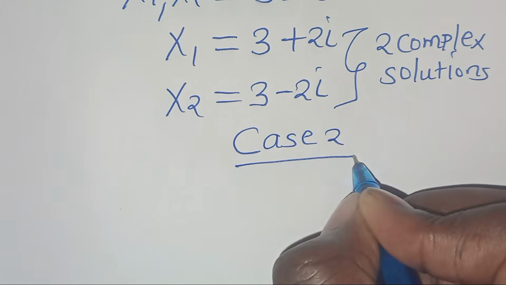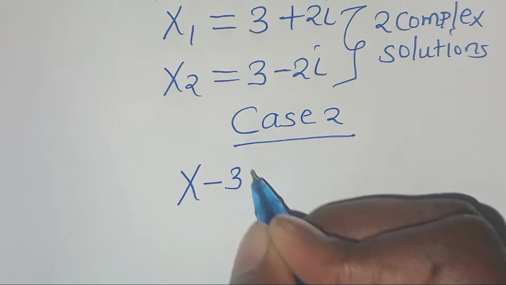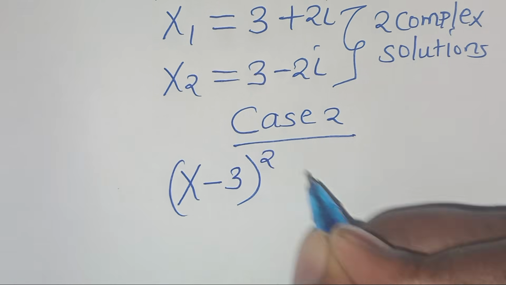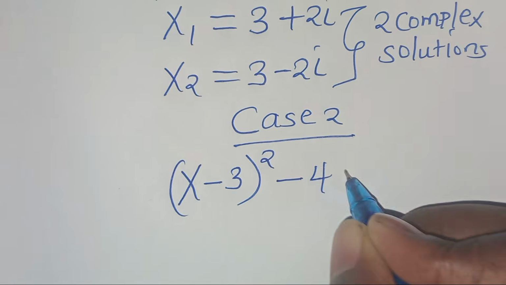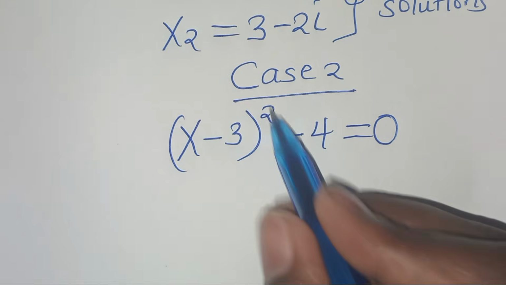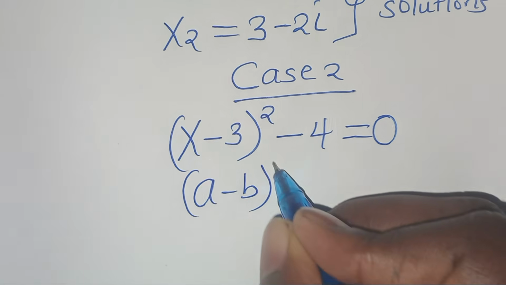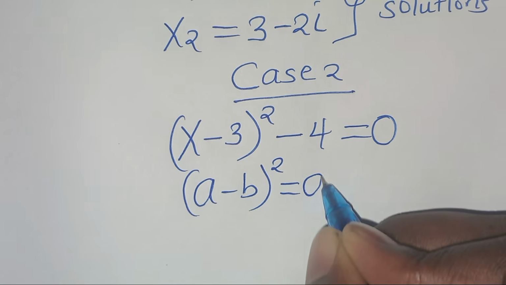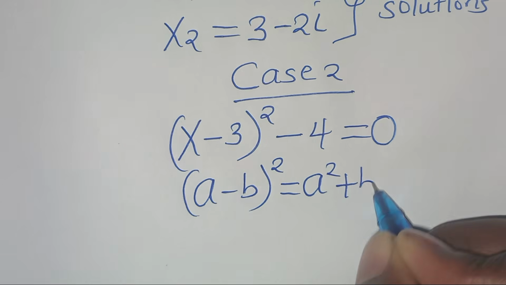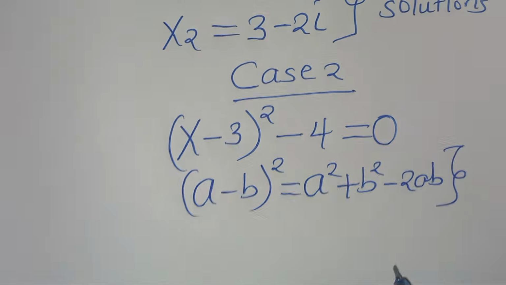In case 2, we have (x subtract 3) raised to the power of 2, then subtract 4, equal to 0. (x minus 3) to the power of 2 is in the form of (a minus b) raised to the power of 2, which is the same thing as a to the power of 2 plus b to the power of 2, subtract 2ab.